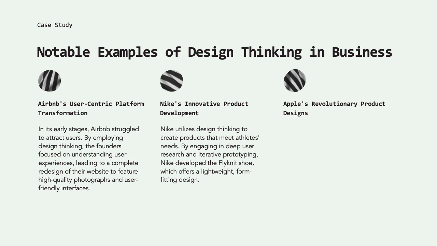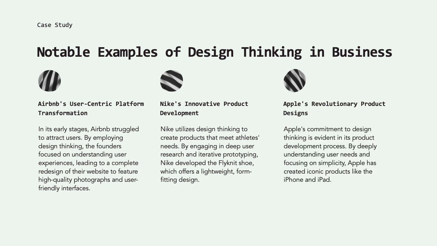Apple's revolutionary product designs. Apple's commitment to design thinking is evident in its product development process. By deeply integrating and understanding user needs and focusing on simplicity, Apple has created iconic products like the iPhone and the iPad.